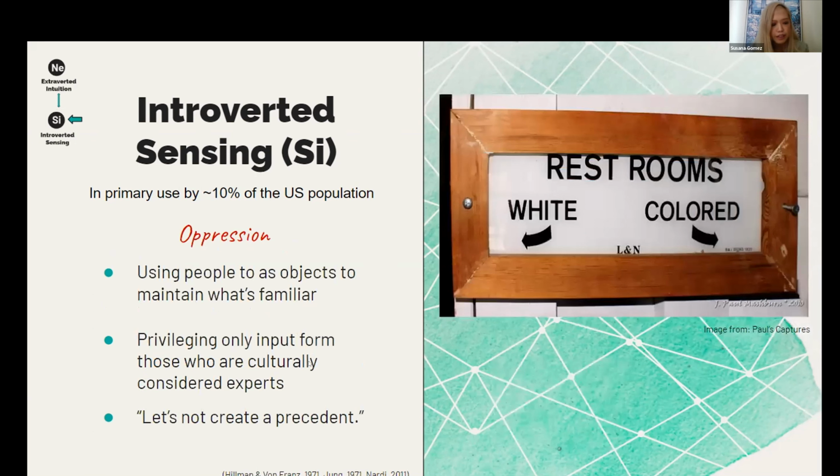When introverted sensing is overvalued or used defensively, it can look like using other people to maintain a sense of familiarity and security. Introverted sensing is involved when we dismiss knowledge and ideas from anyone except the people who our culture imbues with expertise.